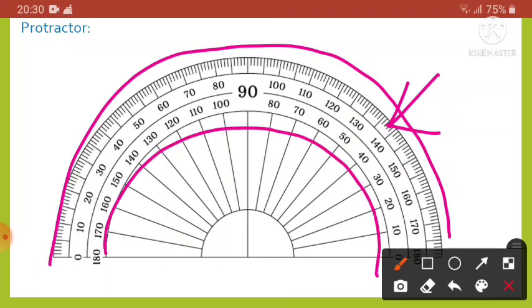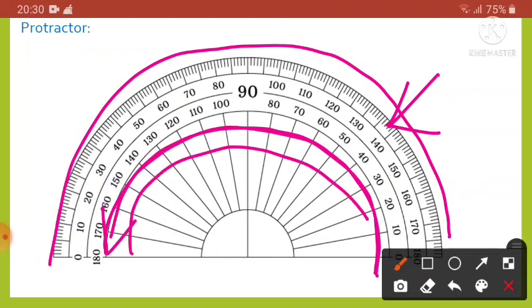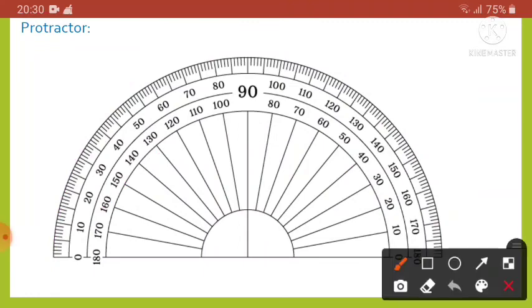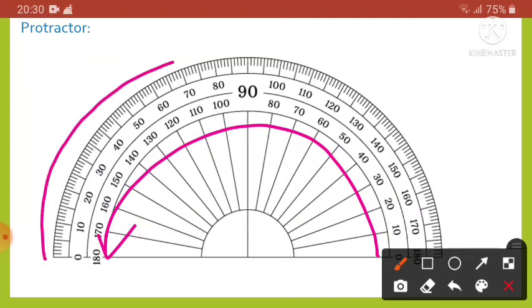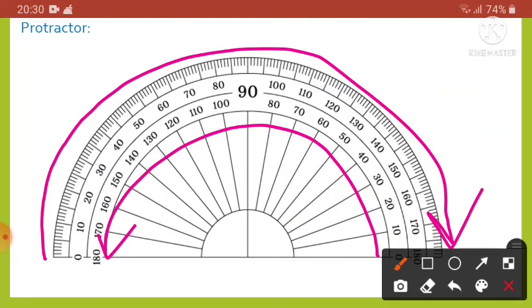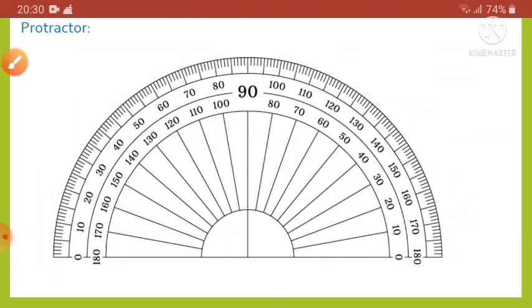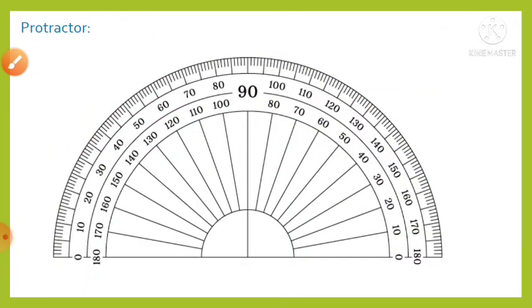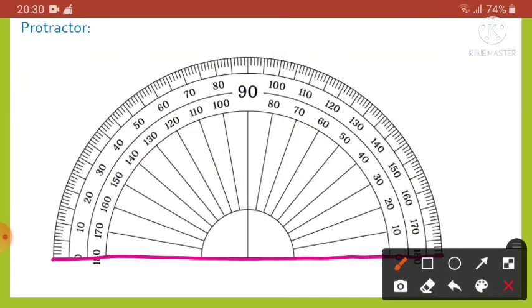This is the inner scale, 0 to 180. The inner scale of this protractor is marked anti-clockwise, and on the outer scale, 0 to 180 degrees are marked clockwise. And you can see that the protractor is D-shaped.